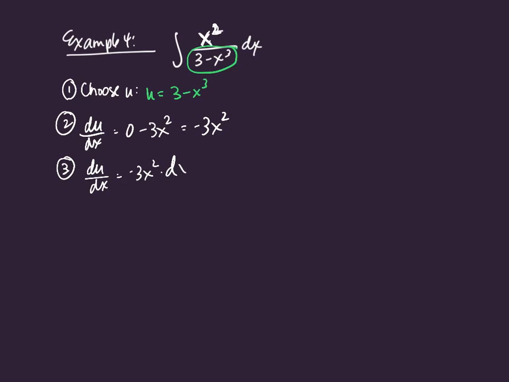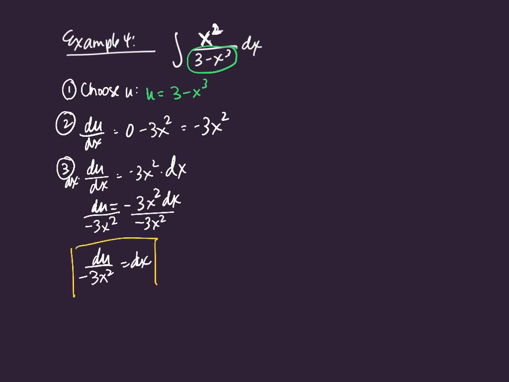So we're going to multiply both sides by dx. And we get du is negative 3x squared dx. And then divide by negative 3x squared. So du over negative 3x squared is dx. And so that's what we're going to replace dx with.